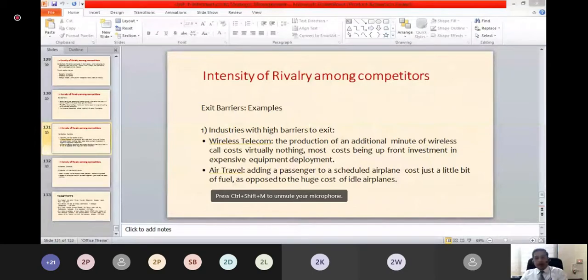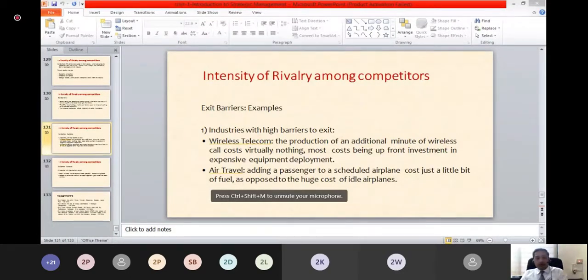So each call we are making does not cost the company anything. However, the cost is because of the equipment deployments. Those equipments, machineries or mechanisms which are set up for giving that service cost so much that it becomes difficult for a company to leave the industry.